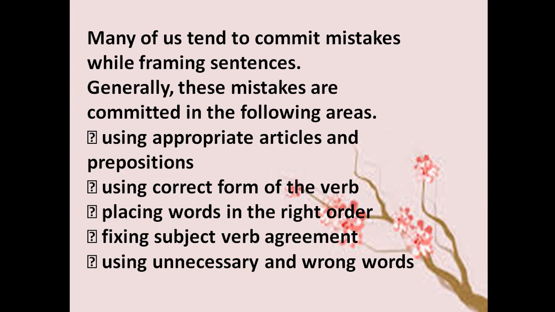Using unnecessary and wrong words. Sometimes we use unnecessary words in sentences which are not at all needed there, and also many times we use wrong words. Maybe sometimes we do not know the plural form of the verbs. So in such a way we commit mistakes. In order to avoid all this, we have this grammar element for you, that is correction of sentences.